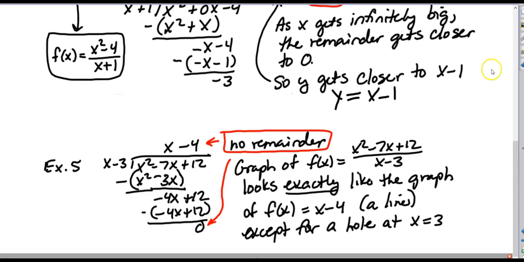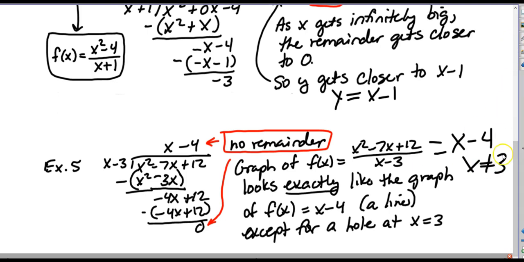All right. So for example 5, that's example 4 right above there. For example 5, x squared minus 7x plus 12, if you divide by x minus 3, you get x minus 4, which is no remainder. So it turns out that x squared minus 7x plus 12 over x minus 3 is exactly equal to x minus 4, except we still aren't allowed to have x equal to 3.